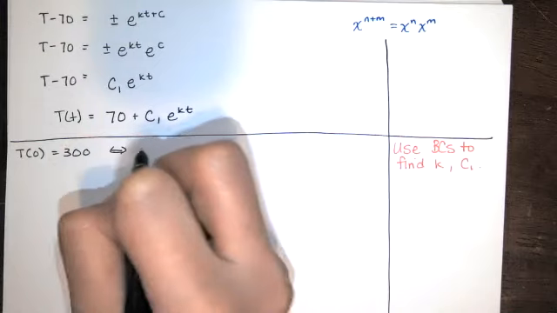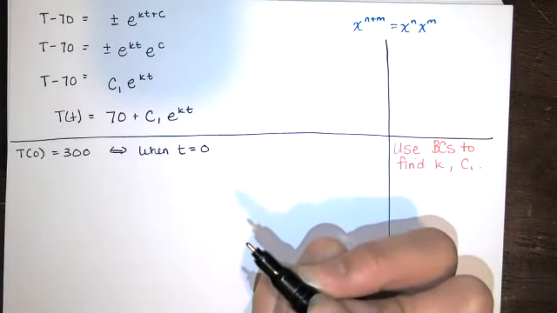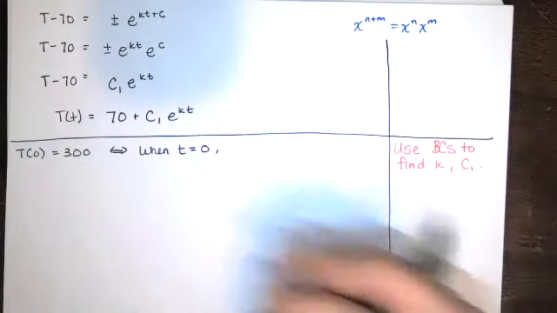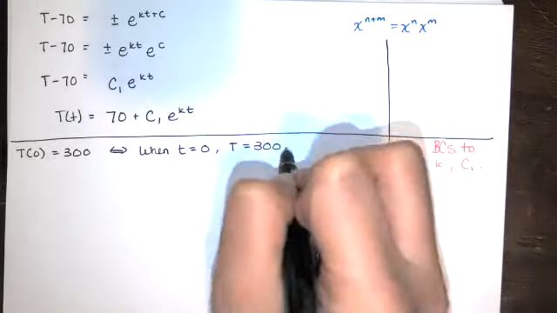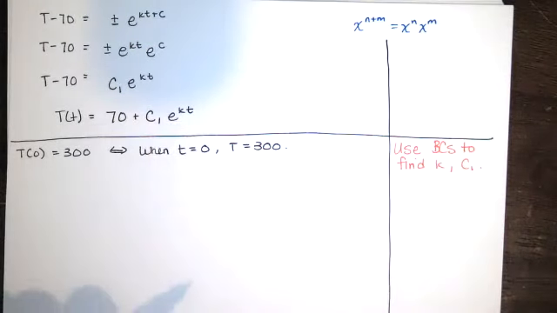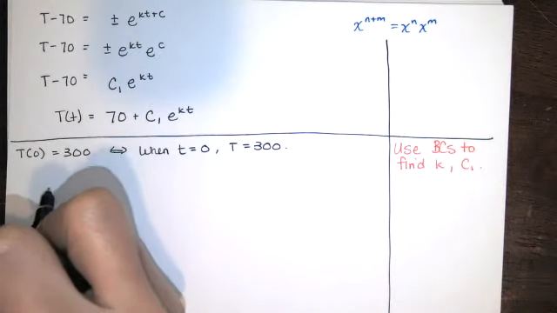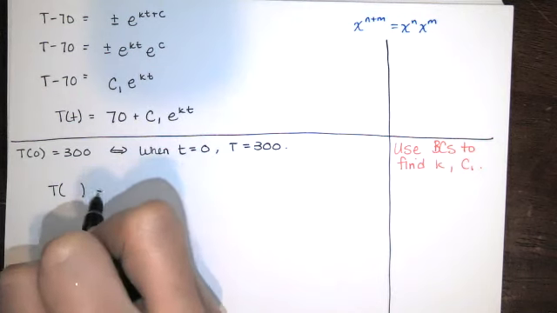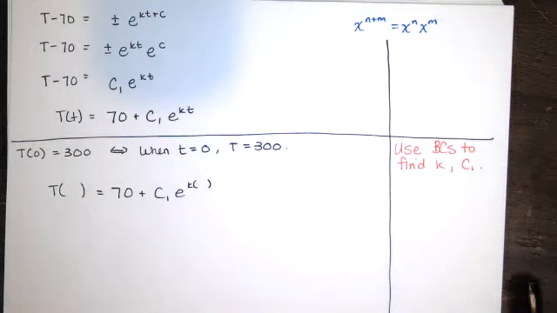Well, that's the same as saying this. When lowercase t equals 0, so that means that t equals 0 minutes, as soon as we remove that cake from the oven, the temperature is equal to 300 degrees Fahrenheit. And so we can use these to get an equation involving C1 and k. Let's see what happens. If we evaluate this expression at t equals 0, we get this.